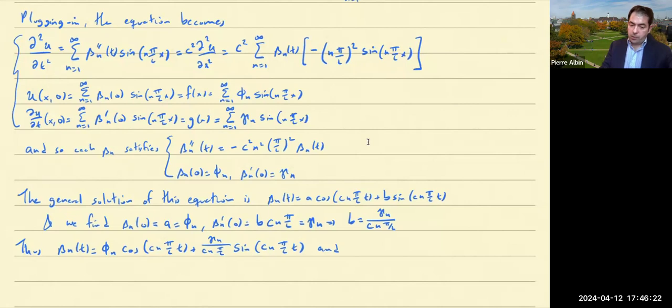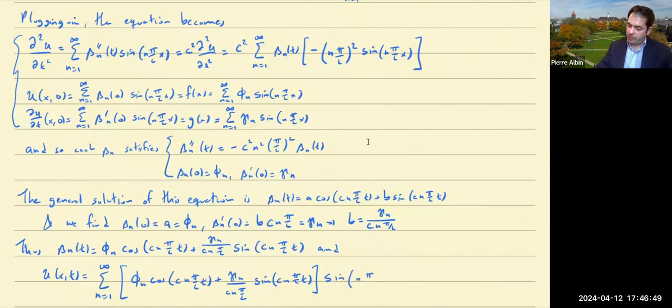And we've found the solution of the equation. u of x,t would be the sum n goes from 1 to infinity of phi n cosine of c n pi over L t plus gamma n over c n pi over L sine of c n pi over L t, all of that times sine of n pi over L x.